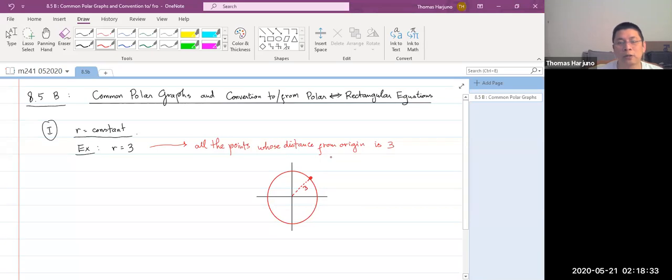Of course, then we can tell right away it is a circle. It must be a circle centered at the origin with radius 3, whose equation is x squared plus y squared equals 3 squared.